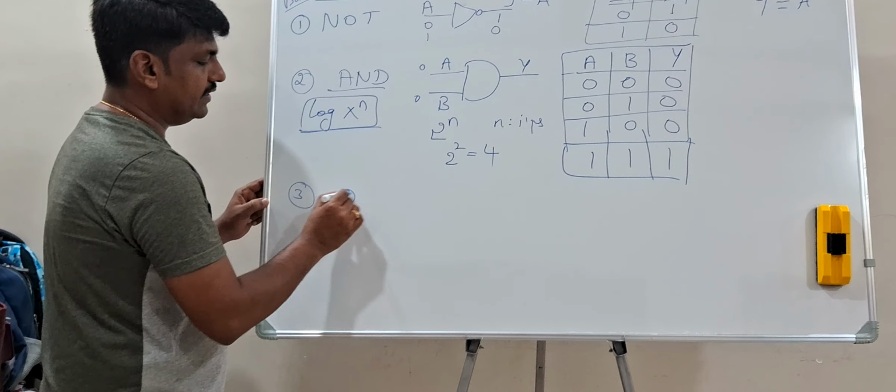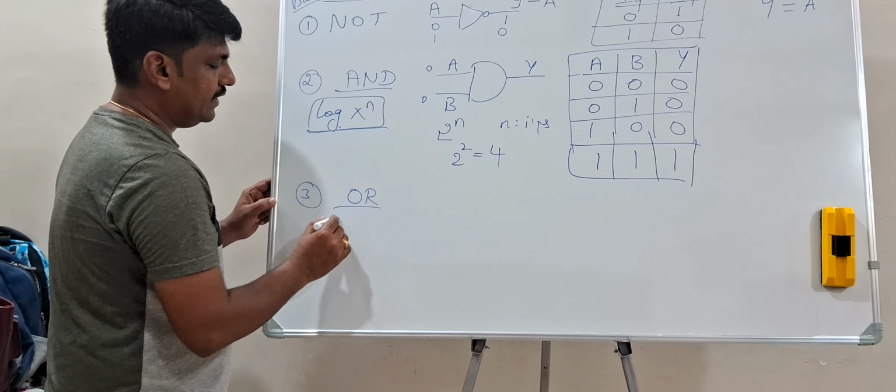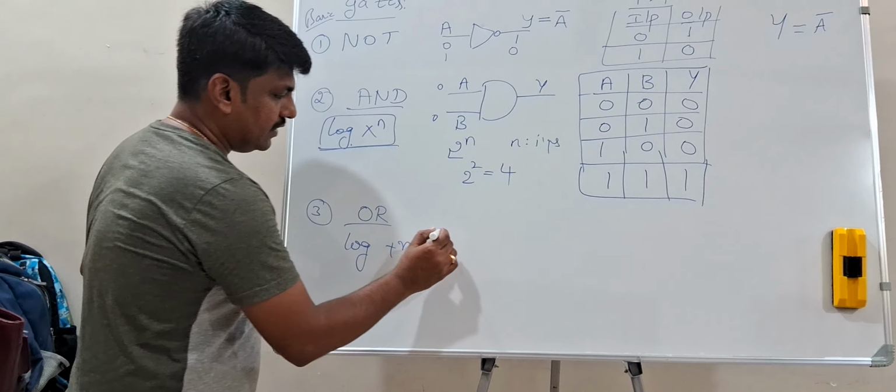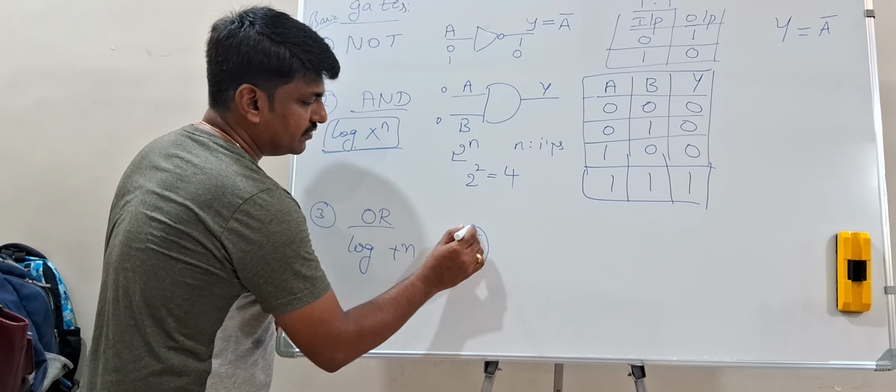The third basic gate we will see is called the OR gate. Here it is logical addition. The symbol of the OR gate is like this.